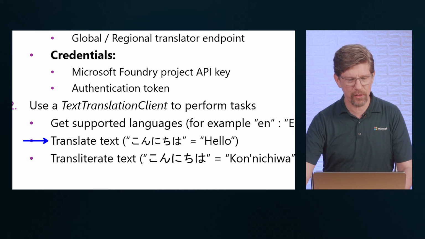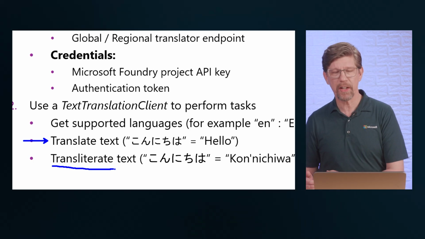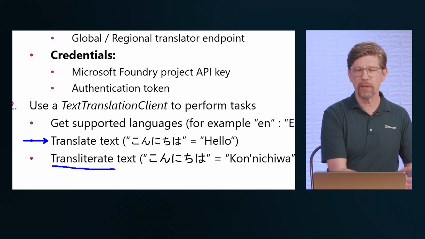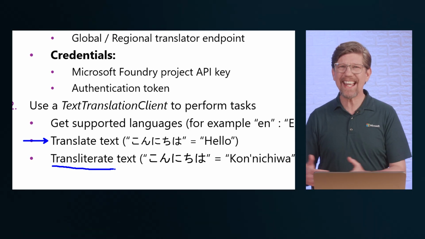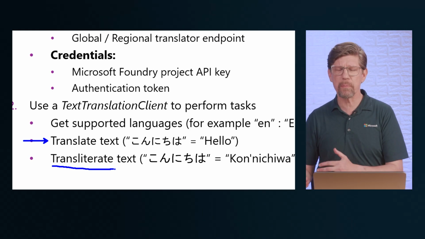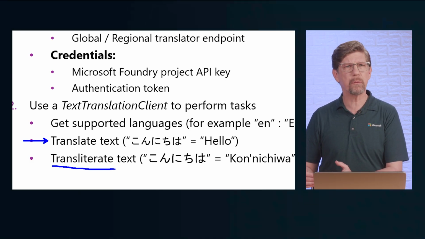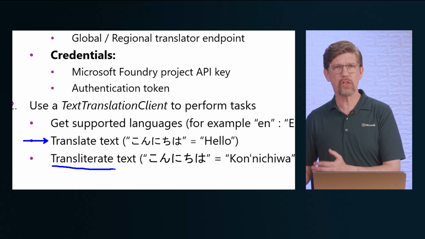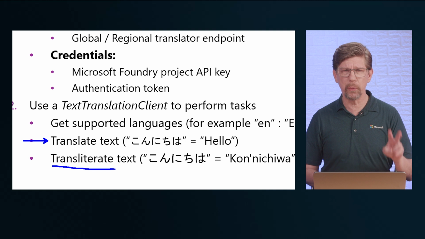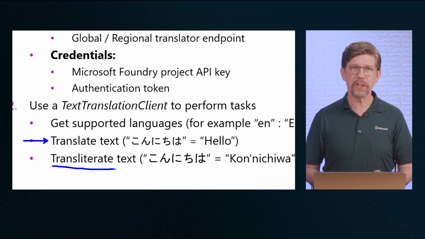So there is also what is called transliterate, or transliteration. Transliteration is moving from one system or script to another. We're not getting meaning there, we're translating into something that is easier to pronounce. We're looking at the pronunciation and writing it in another script, another set of characters. So those are the two calls that we can make using the text translation client.